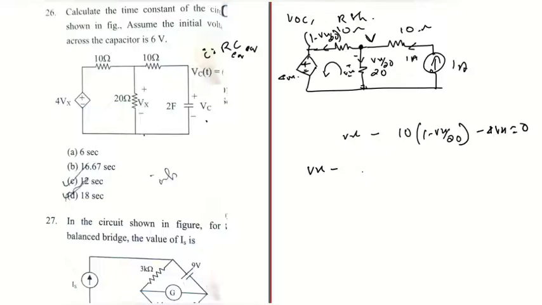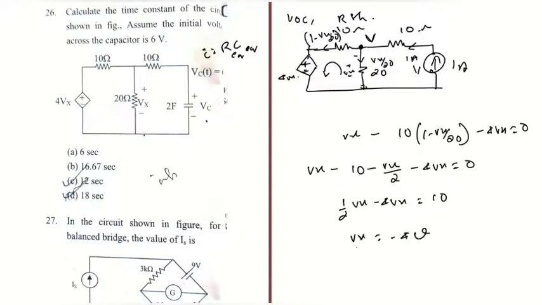So Vx minus 10 minus Vx by 2 minus 4 Vx is equal to 0. From here Vx is equal to minus 4 volt. I got Vx is equal to minus 4 volt.